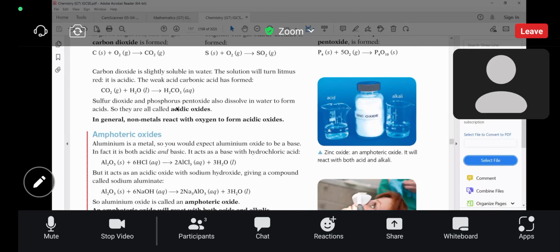So in the assignment, you have to define the following terms: basic oxide, acidic oxide, amphoteric oxide. You can write like I told.